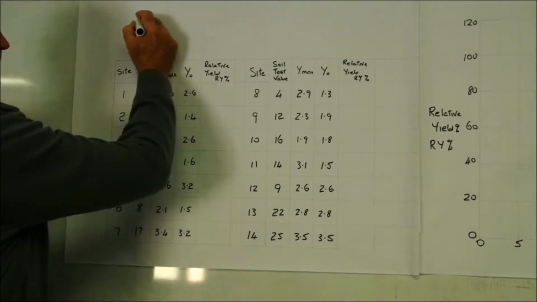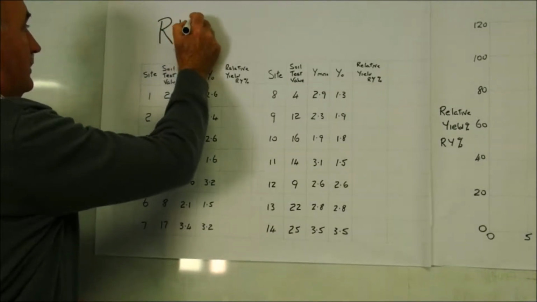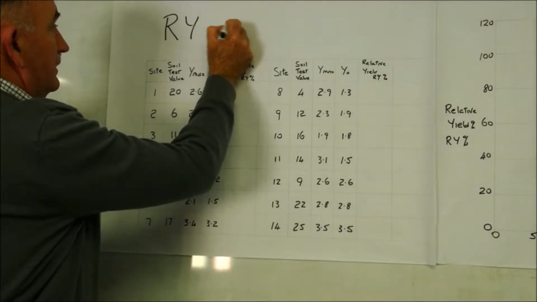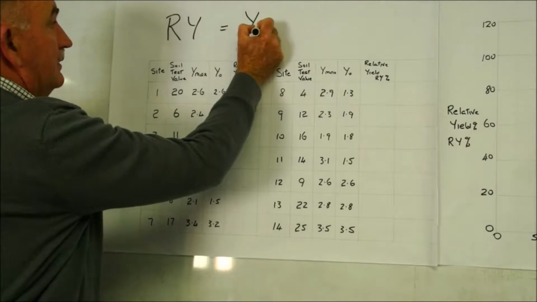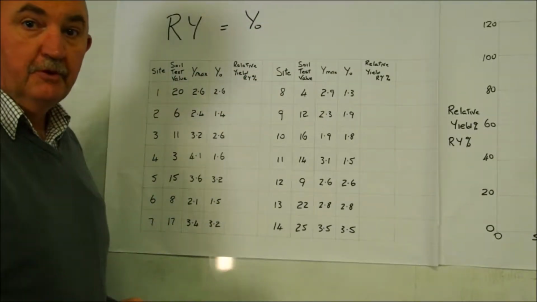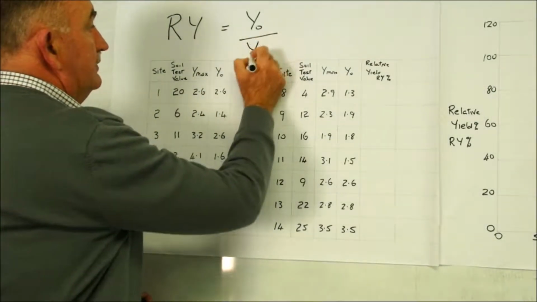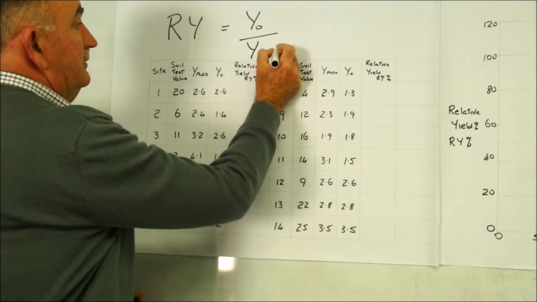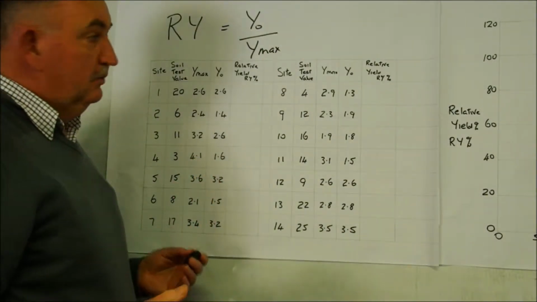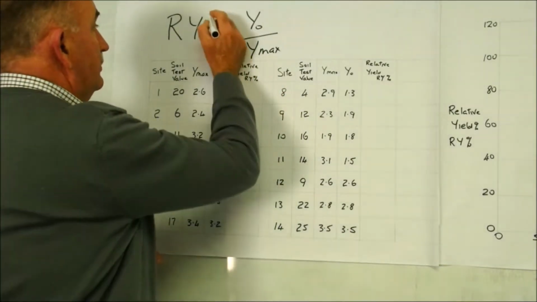So how do you make sense of that? 4,000 trials, 5,000 pieces of data. Well, you break it down to the simplest you can, and what they did there, they just took relative yields. And the relative yield is the yield on the plots without any fertiliser at all, in other words the control plots or the untreated plots, over the maximum yield that was achieved in each trial, so where the nutrient wasn't limiting, and they looked at that as a percentage.